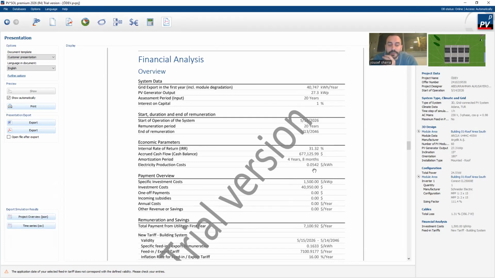And the total accrued cash flow after 20 years is 677,000 $125, more than 16 times the original investments.